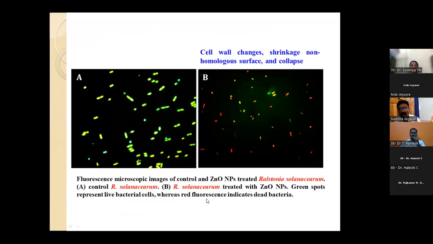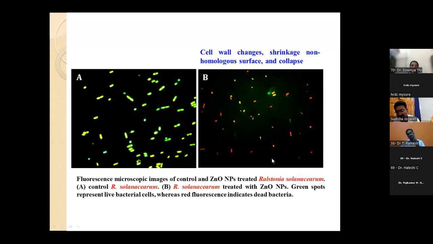The fluorescent microscope images were also tested for the major pathogen Ralstonia, to see live, motile and dead cells of the bacteria. You can see the green spots here represent the live bacterial cells, and the red spots indicate the dead bacteria.